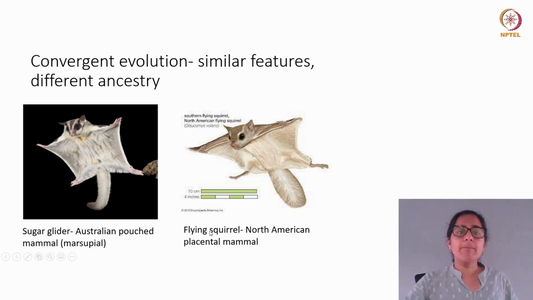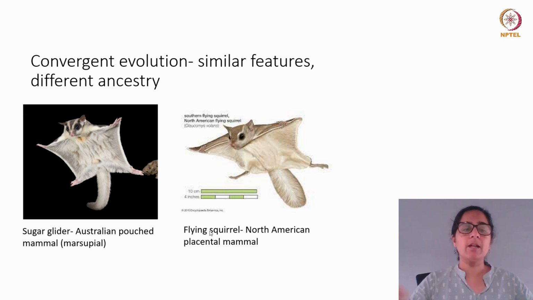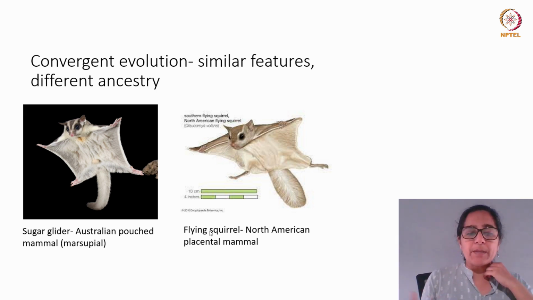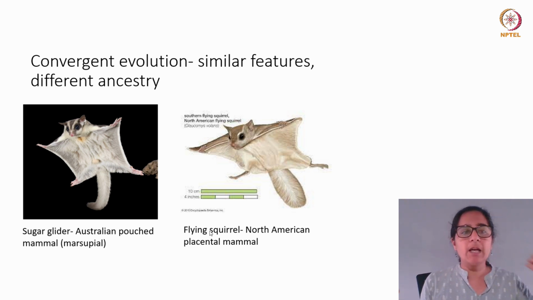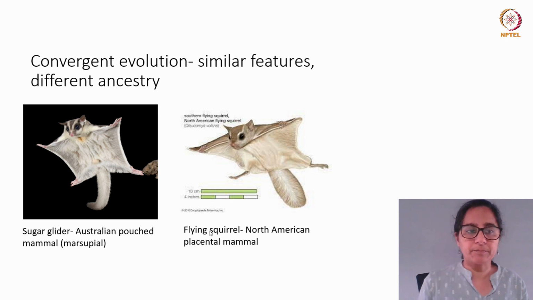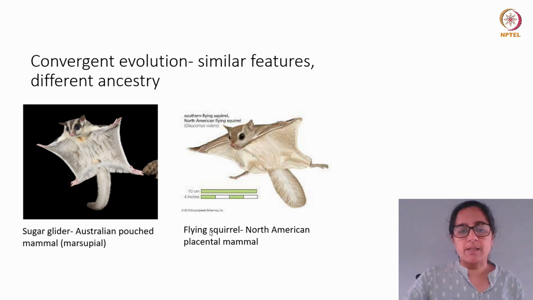So this is an example of convergent evolution, because both of them glide. Because of being present in similar niches or similar ecological conditions, they have evolved certain similar traits. Okay, convergent because they have converged on similar features or functions, though they come from different ancestors.